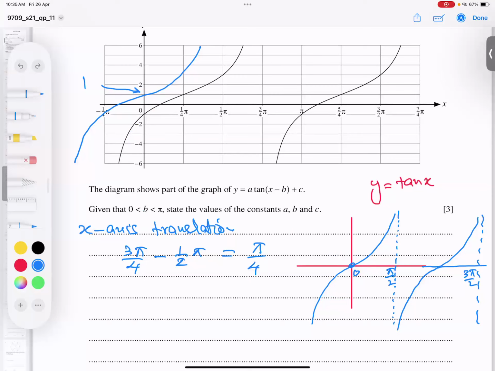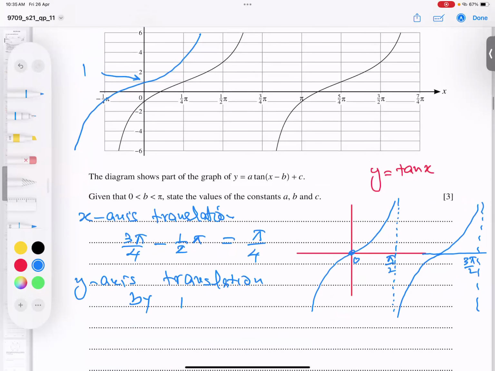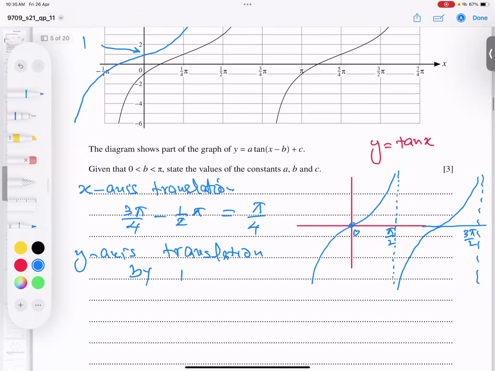So I can say that there is a vertical or y-axis translation by 1. So overall, if I say that it is moving all together, it is a translation by what? X is pi by 4 and y is 1.